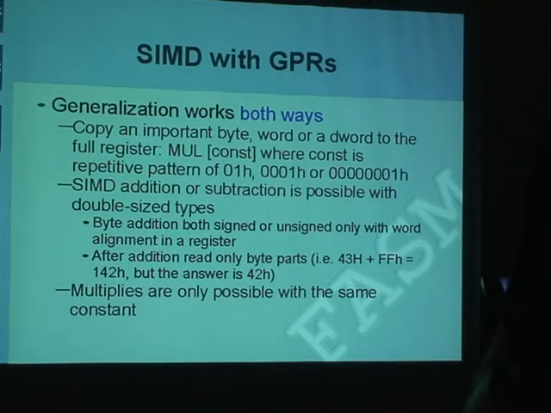We first copy an important byte, word or whatever to the full register, and multiply is the best way to go then. You take a constant in a repetitive pattern like 01, 01, 01 in hex, and you have copied the first byte in your register to all the bytes in the register.